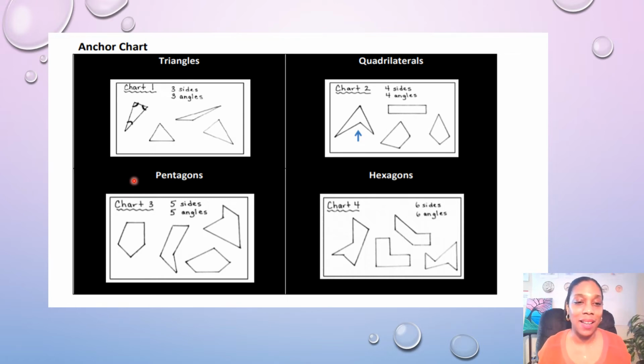A pentagon is a 5-sided shape. It has 5 angles and 5 sides. So I have an angle here, angle here, an angle here, an angle here, and here. A hexagon is a 6-sided shape. It has 6 angles and 6 sides.